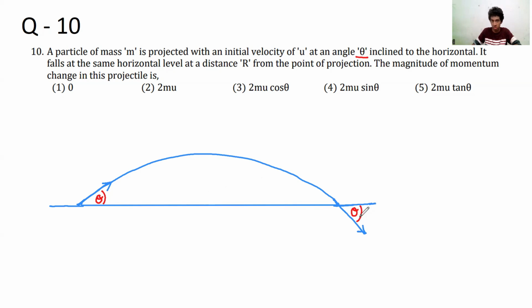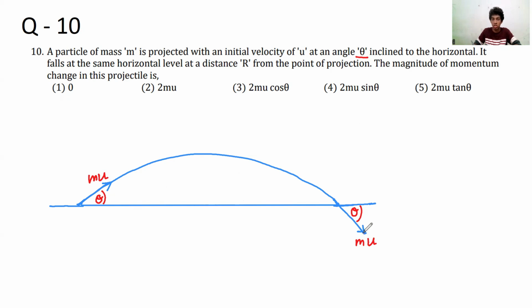And they have given the initial velocity as u. So if this is u, the magnitude of the final velocity should also be u, as it falls at the same horizontal level. So the magnitude of initial momentum will be mu, and the magnitude of final momentum will also be mu. Now they are asking for the magnitude of momentum change in this projectile.